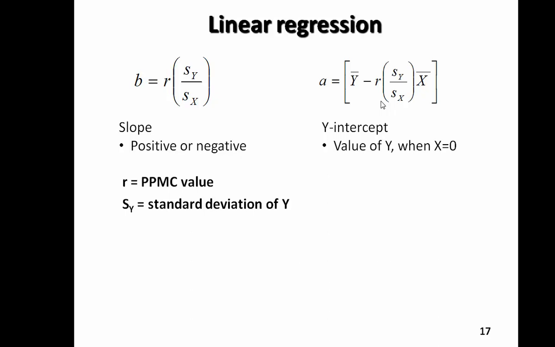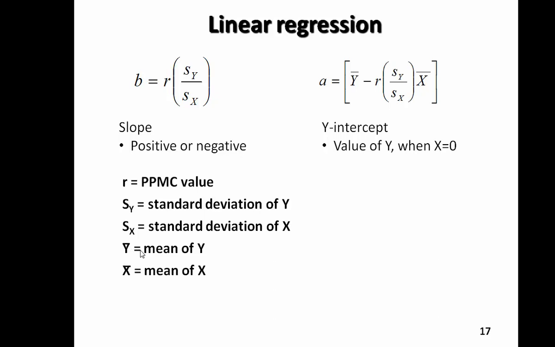And so when we have a set of data, it's why it's always important to first calculate the mean and standard deviation if those variables are ratio or interval type, where SY is the standard deviation of the criterion or dependent variable, SX is the standard deviation of the predictor or independent variable, Y bar is the average score or the mean of the y variable, and x bar is the mean or the average value of the x variable.